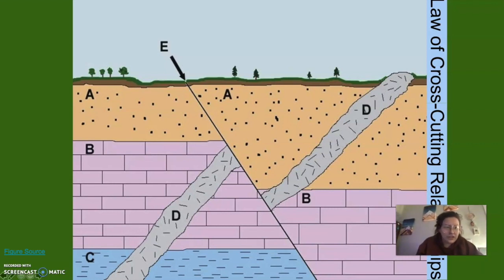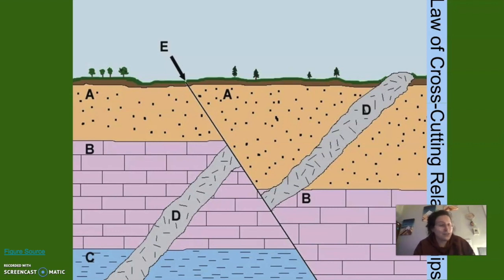So cross-cutting relationships allow us, as geologists, to tell the bigger story, because in the field, in real life, we're not going to see perfect, pretty pictures like the rest of the laws that we've gone through so far. We're going to see this. In reality, this is the type of thing we're going to see.